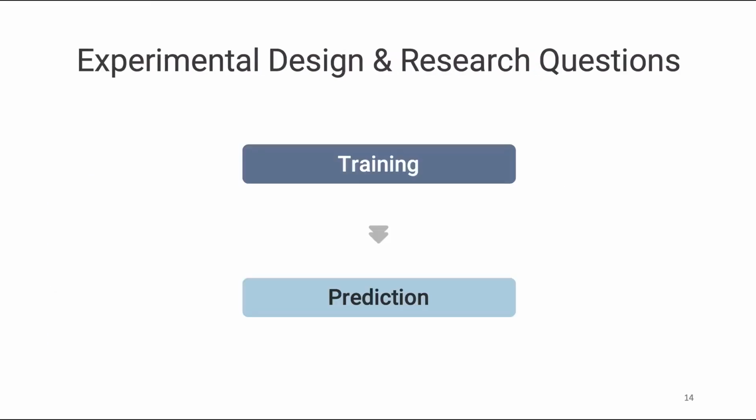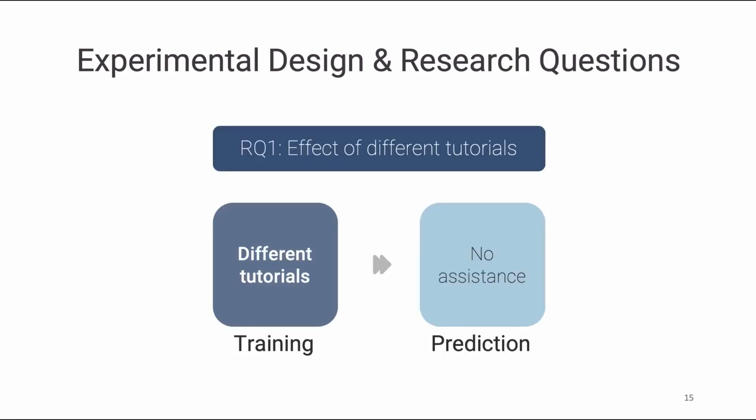We will now look at the experimental design and research questions. Our experiment has two phases. We first get participants to go through a training phase, then they enter a prediction phase, which will be used to measure human performance after model-driven tutorials. We study three research questions in our paper.